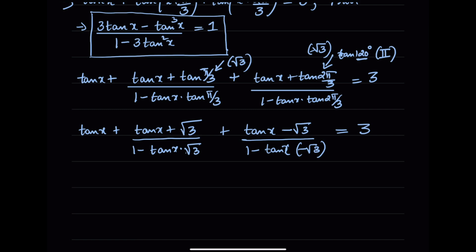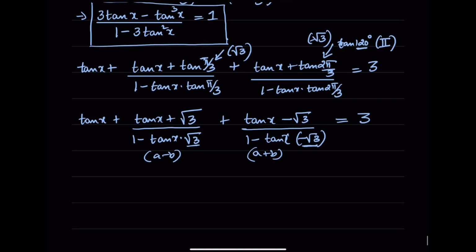So when we solve for common denominator, square root of 3 multiplied by minus square root of 3 would get resolved. And one more thing to notice here is because there is a negative part here, this would be a plus b and this part would be a minus b. So basically this is of the format a square minus b square.